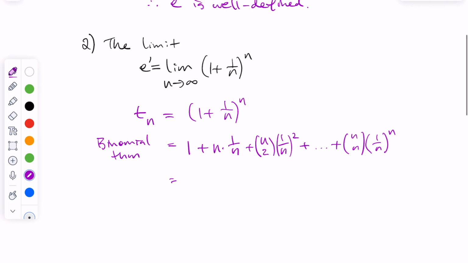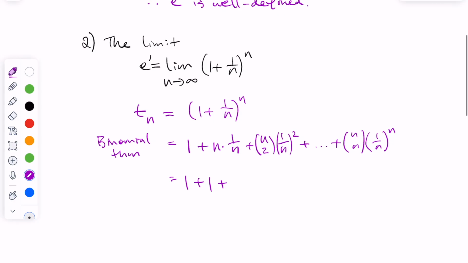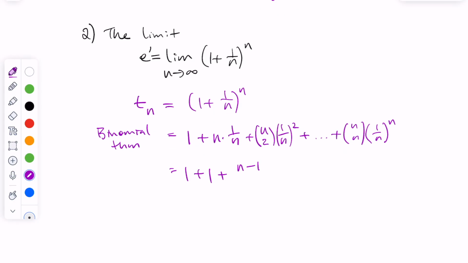Now that's equal to 1 plus 1 plus, I'm going to write n choose 2 times 1 on n squared a little bit differently. I'm going to cancel out one of the n's and write 1 over 2 factorial times (n minus 1) over n. So one of the n's cancelled out from the top and bottom.